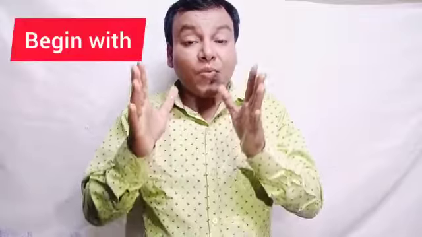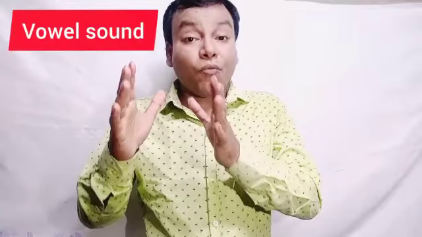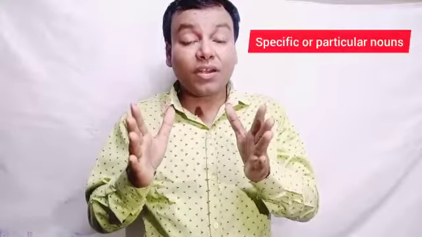Article AN is used before nouns that begin with a vowel sound. The is used to refer to specific or particular nouns.